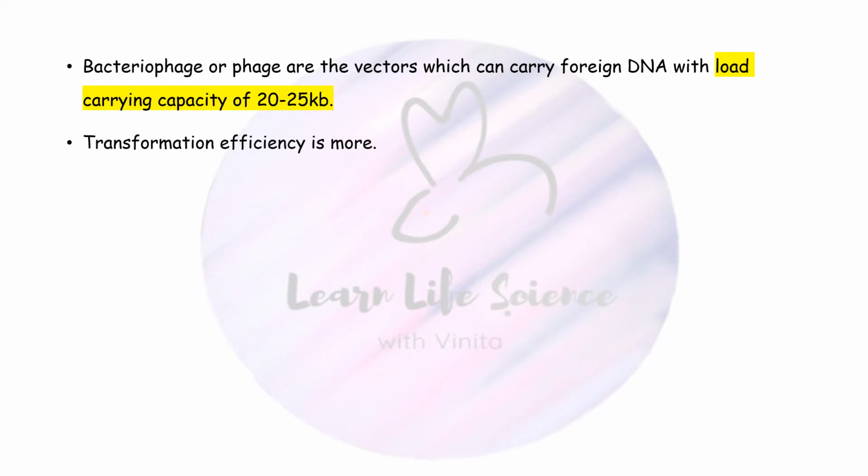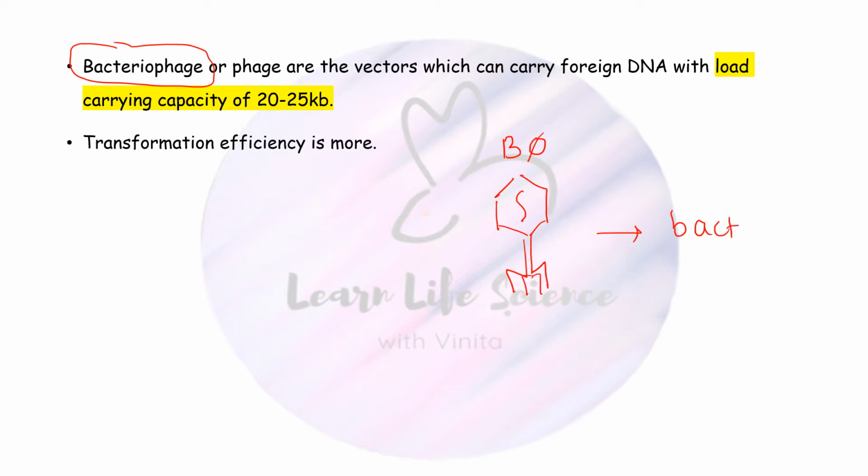So talking about bacteriophage, they are simply the viruses that infect bacteria, right? We know that bacteriophage are a kind of viruses with their own genetic material having the ability to infect the bacterial cells.